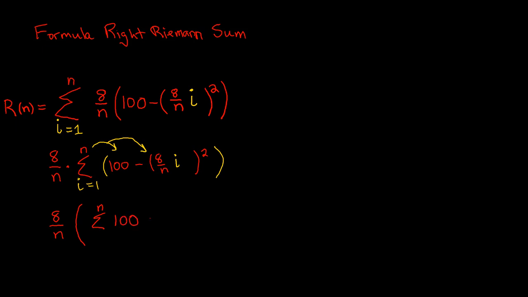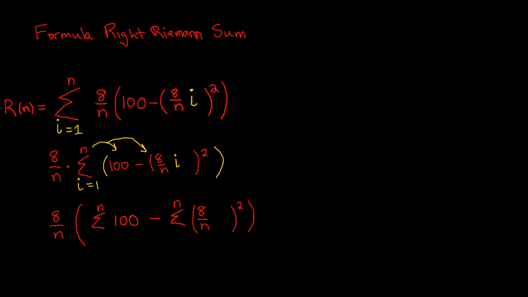And then I subtract, and then I have the sum again, because basically what we said is the sum distributes over addition and subtraction. And then here we'll have 8 over n, and then squared.